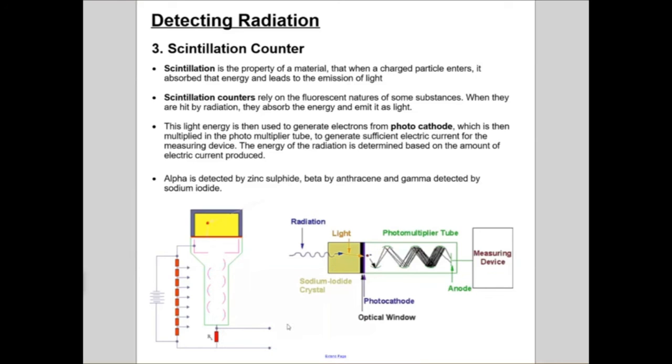The magnitude of the voltage would depend upon the intensity of the radiation. So basically, this could be used for detecting either alpha, beta, or gamma rays, right? It could detect all three types of radiations, and it also gives the information about the intensity of radiation.